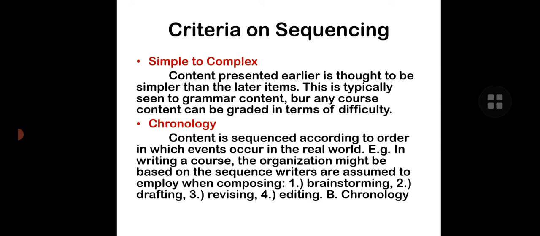Content is sequenced according to the order in which events occur in the real world. For example, in a writing course, the organization may be based on the sequence writers are assumed to employ when composing. First, brainstorming. Second, creating. Third, revising. And fourth is editing. So B, chronology.